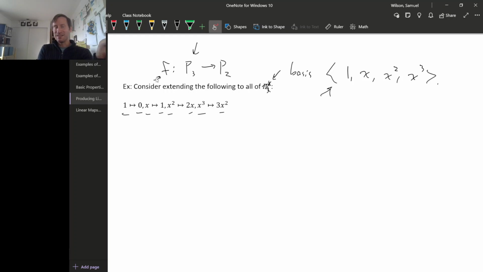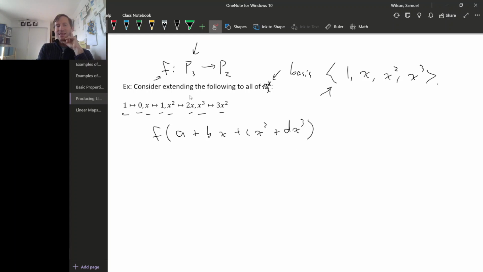So what is this linear map? Well, let's figure out what it does to any polynomial of degree less than or equal to 3, so that's going to be a plus bx plus cx squared plus dx cubed.